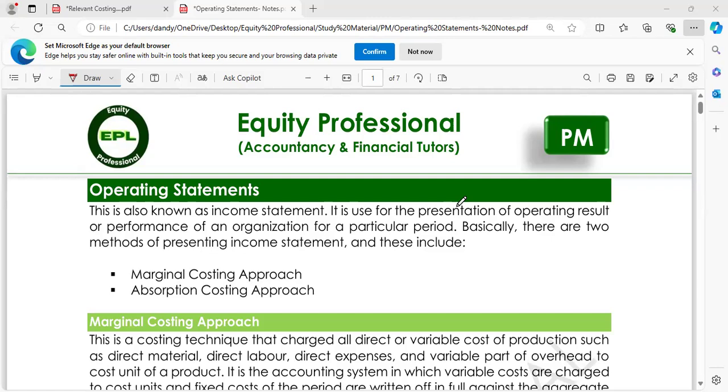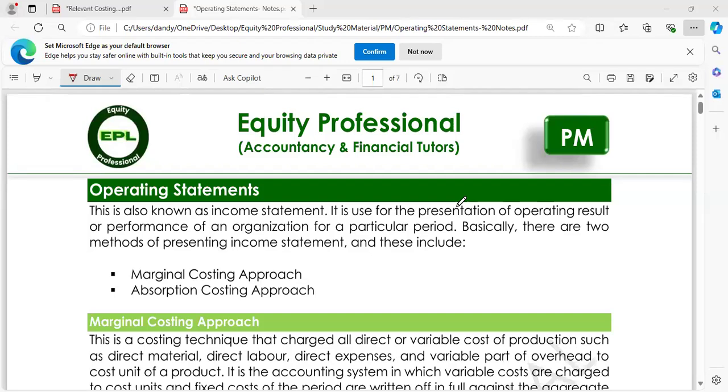We also mentioned in the class that the marginal costing approach does not recognize overhead absorption. So these are some of the things that we discussed under the marginal costing approach. And we also said that this approach is a technique designed principally to aid managerial decisions.